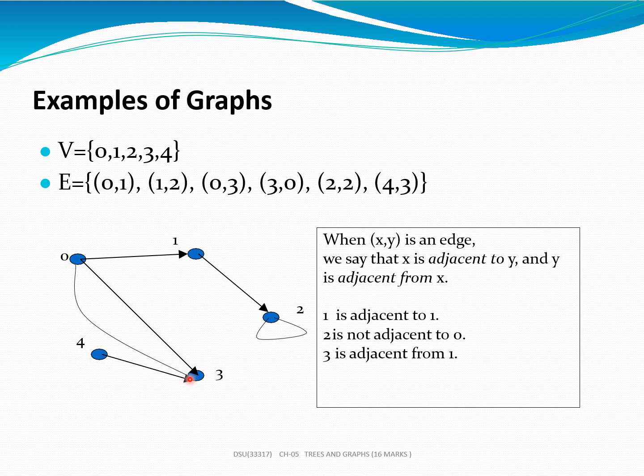When (x, y) is an edge, we say that x is adjacent to y and y is adjacent from x. 0 is adjacent to 1. Then 2 is adjacent to 0. 2 is not adjacent to 0. And 3 is adjacent from 1. Okay.